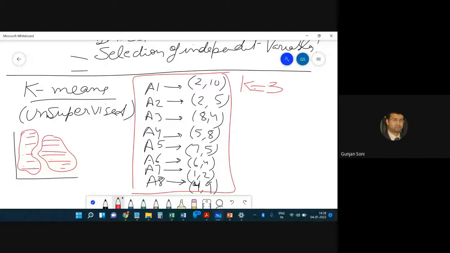Peach and orange will be compressible, while apple you can't compress, it is solid. And the kind of noise: if you knock on the apple, it makes a hollow noise, while the noise from an orange or a peach will be different. So these are the variables which we can consider, like 2 comma 10, 2 comma 5, 8 comma 4. We can write them like these.